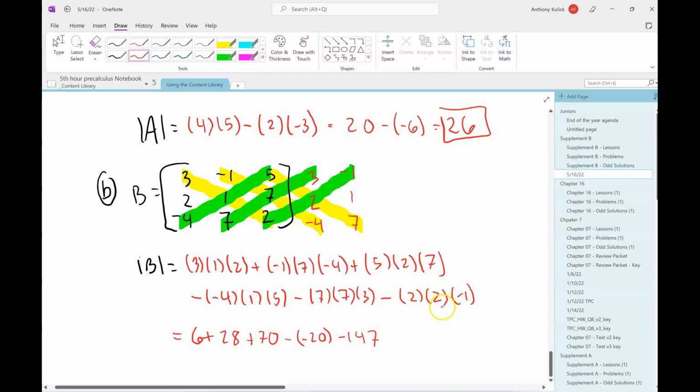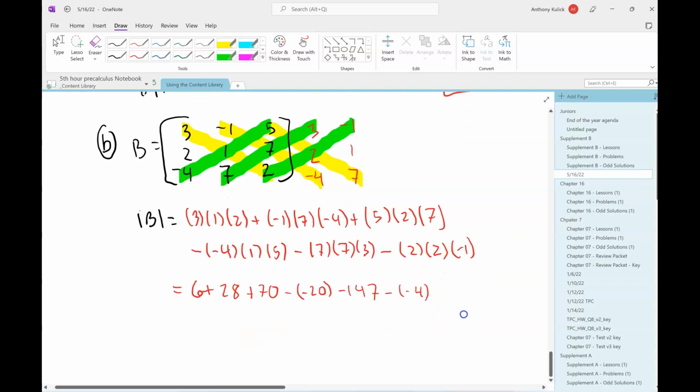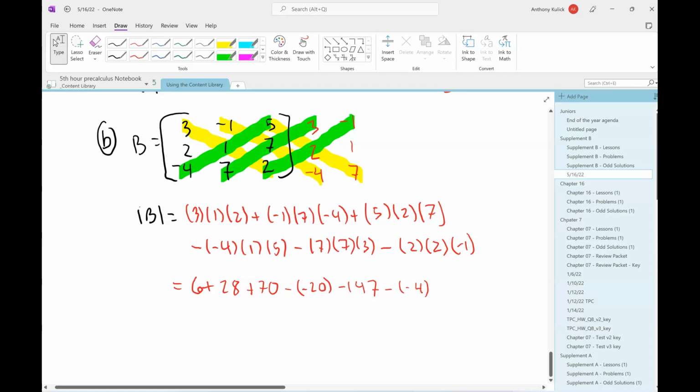And 2 times 2 times negative 1 is negative 4. So let's see, that's 78 and 104 and 124 and 128 minus 147 is negative 19.